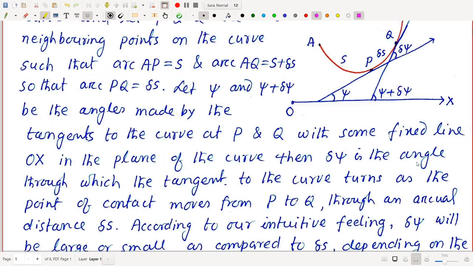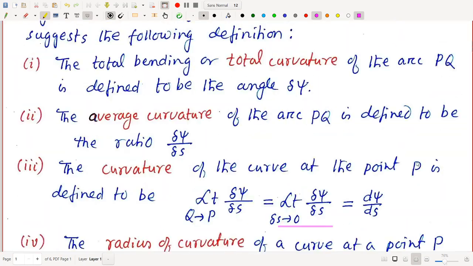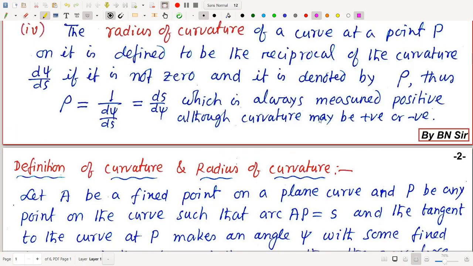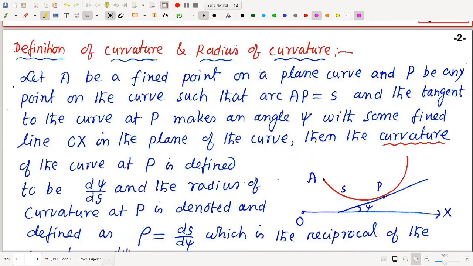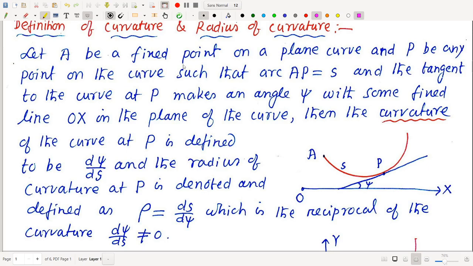So this is how curvature and radius of curvature are defined, but in short, the definition can be given like this. Definition of curvature and radius of curvature: Let A be a fixed point on a plane curve and P be any point on the curve such that arc AP is s, and the tangent to the curve at P makes an angle psi with some fixed line OX in the plane of the curve.